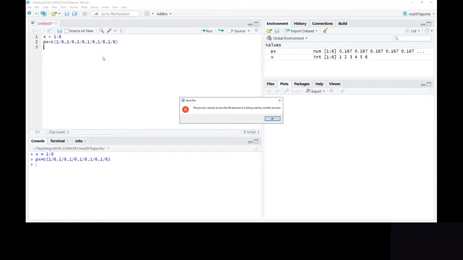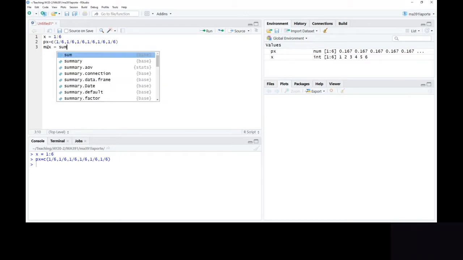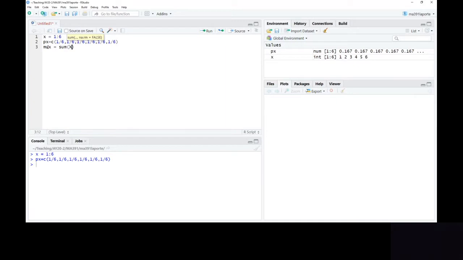Enter. So mu x equals the sum. So this should be 3.5. So it'll be x times px, and we see that we get 3.5.